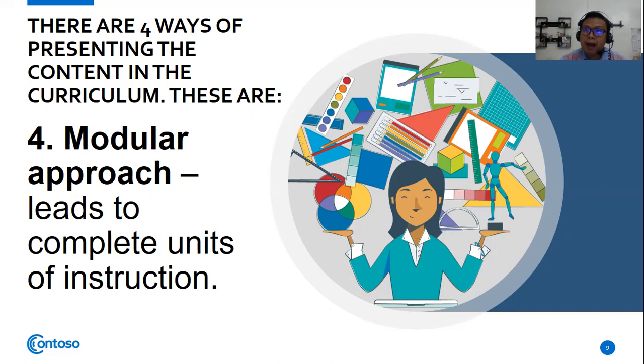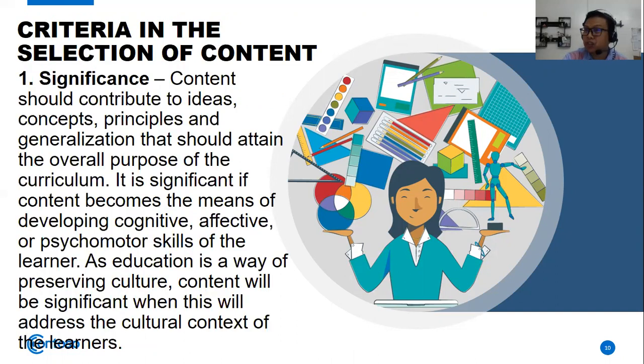And these topics, these concepts, and the themes of clustered contents become the module. So just like the module which serves as our self-learning toolkits, with preparation, with presentation, with practice and performance, and it leads to complete units of instruction.